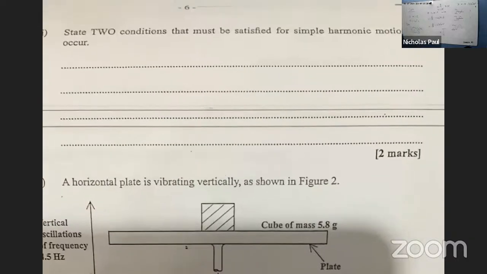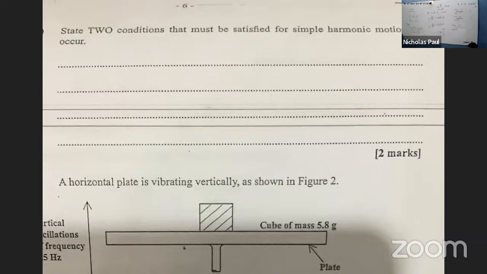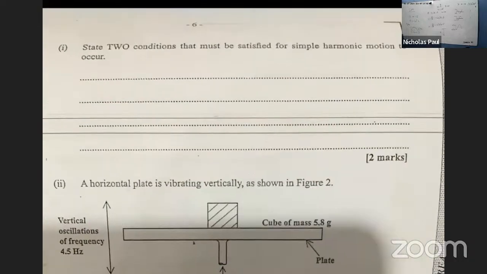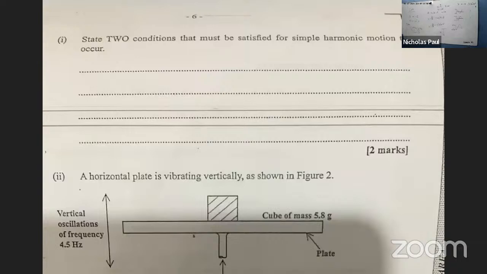State 2 conditions that must be satisfied for simple harmonic motion to occur.